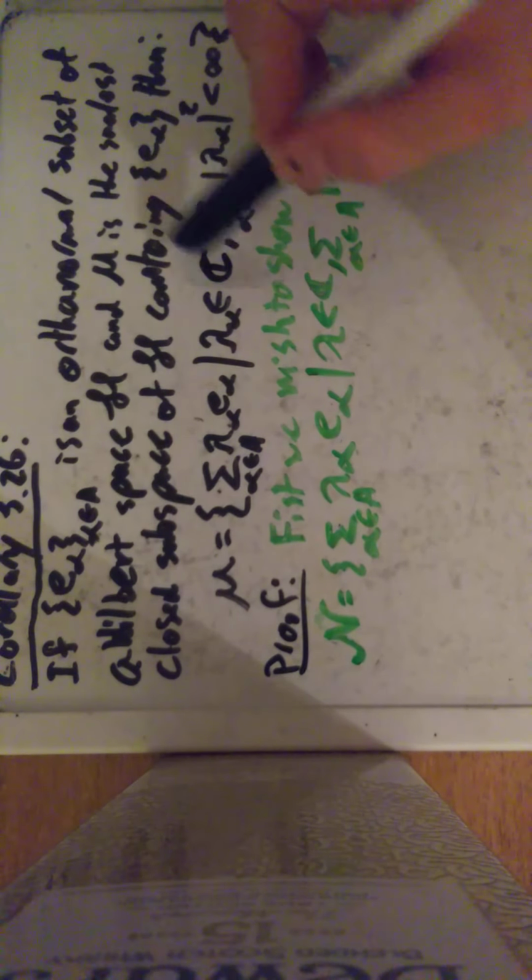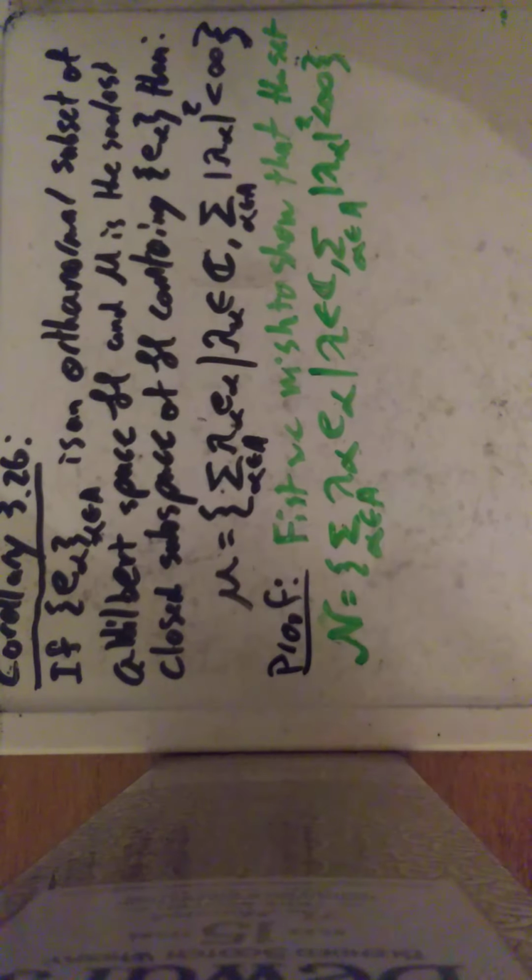So, this alludes to what we see right here in the definition of our set. First we need to show that this set is in fact well defined in the context of our Hilbert space.